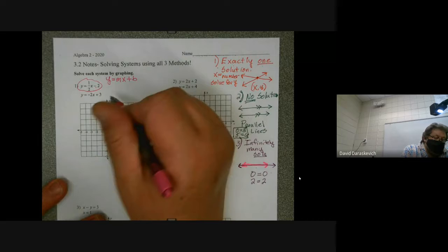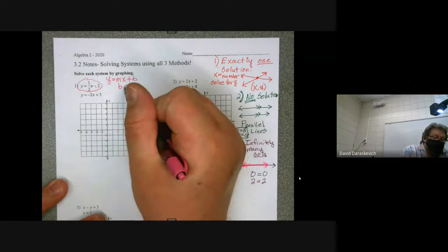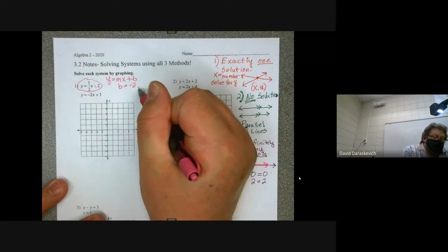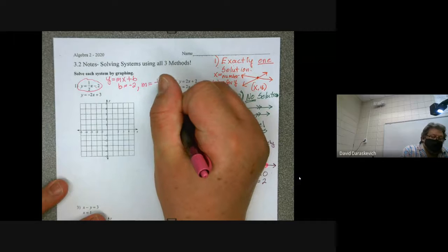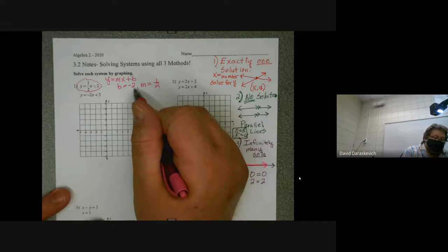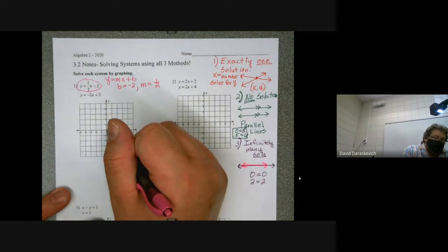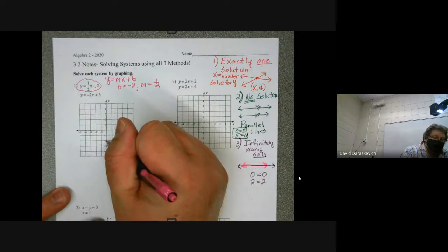Okay. In this situation, my b, or y-intercept, is -2. My slope is 1/2. So to do this, you need to graph this line. My y-intercept, or where it crosses the y-axis, is -2.